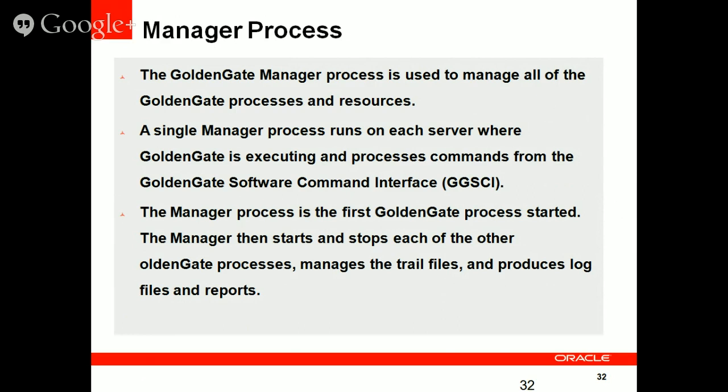The manager process is the first GoldenGate process that gets started at both sides, source as well as target. The manager starts and stops other GoldenGate processes. It manages the trail files, and it manages the log files and reports. So the manager process must be running at both sides.